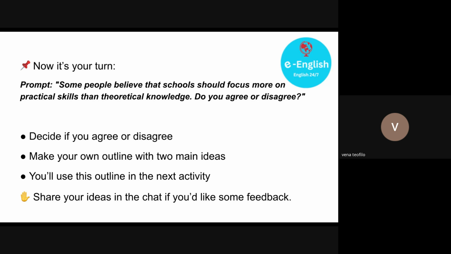More on practical skills. Yes, I believe schools or our institutions should focus mainly on practical skills rather than theoretical, because when we say theoretical, it's just the foundation. I mean, the history, the philosophy behind that skills or knowledge. However, when we say it's practical, it's the application of what you have learned.